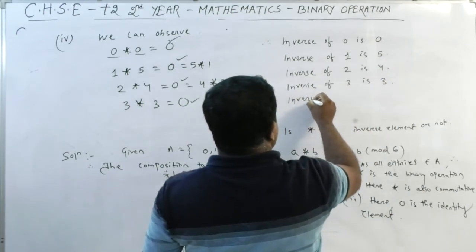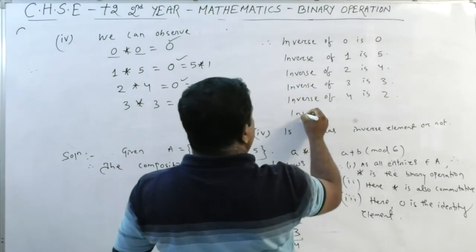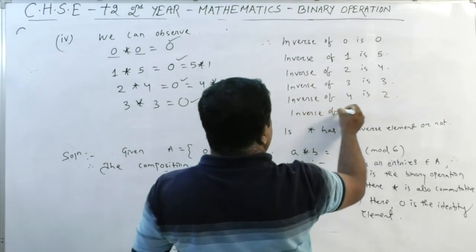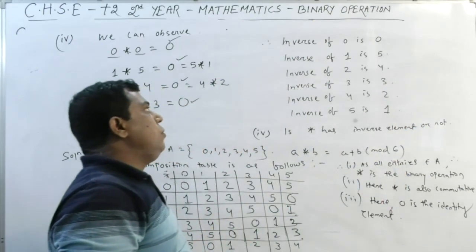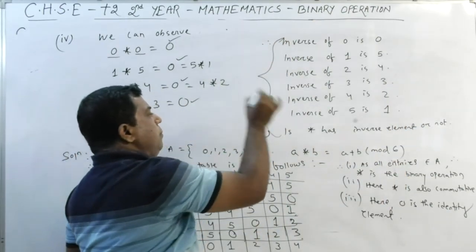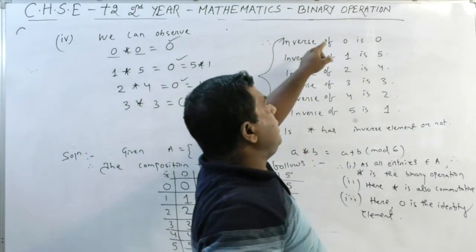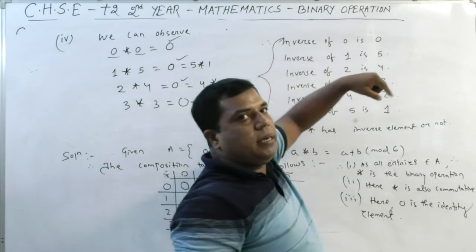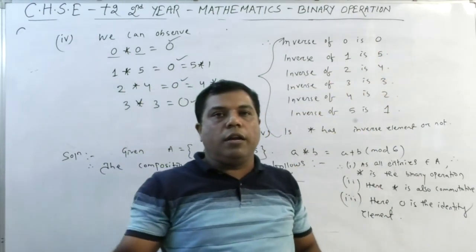Inverse of 4 is 2. Inverse of 5 is 1. Okay. So we are able to get the inverse elements. And you can observe that the inverse of each element is unique and differs from other elements.